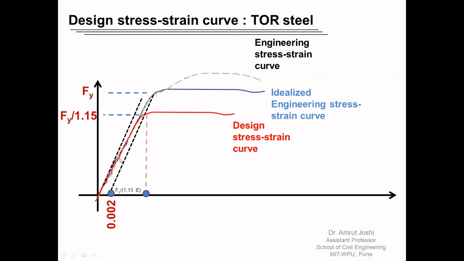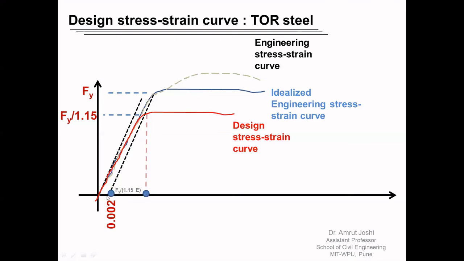The slope of this line can be given by delta y upon delta x. Delta y is the distance shown by this dotted red line, whereas delta x is the distance between these two blue dots. The distance shown by this dotted red line, we know, is Fy upon 1.15. Therefore, the slope of this line will be Fy upon 1.15 divided by the distance between the two blue dots.